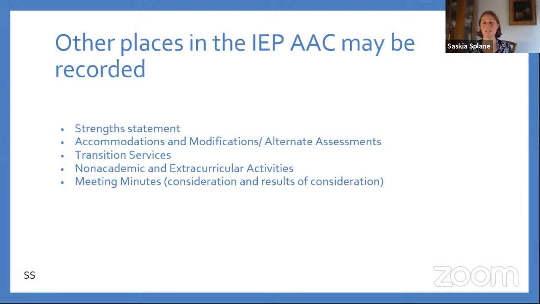It could be in the transition services area, in the non-academic and extracurricular activities, or in the meeting minutes, which I would think would be used primarily for that AT consideration piece and the results of that consideration. So if an AT consideration is made and it's determined that nope, AT is not necessary, that could just be a quick blurb in the meeting minutes so that you are showing that you have considered assistive technology for that student.